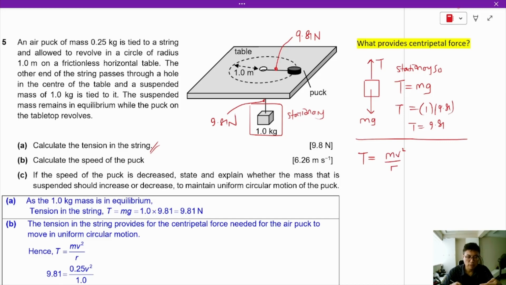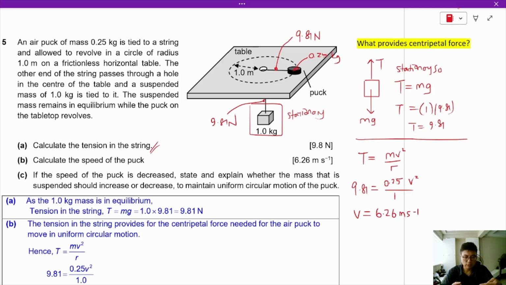So we fill in 9.81 is equal to the mass of the puck, 0.25 kg, so it's 0.25 v squared, over the radius of the puck, which is 1 meter. That gives you a speed of 6.26 meters per second.